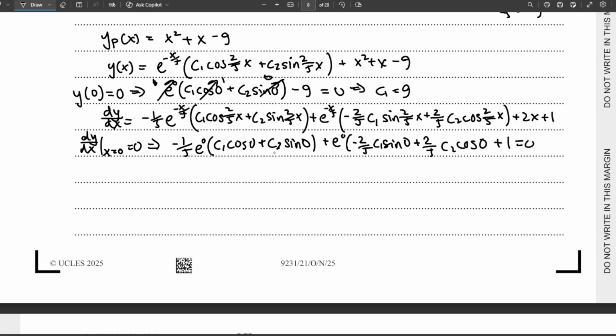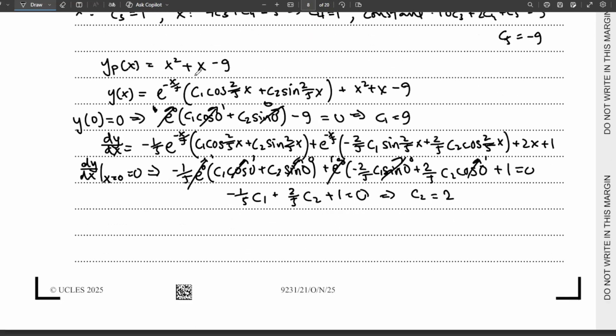And let's see where this simplifies to. e^0 is 1, sine 0 is 0, cosine 0 is 1. So all we have left is -1/5 c1 and a positive 2/5 c2 plus 1 equals to 0. Since we know c1 already, c1 we found is 9, so we can solve this c2 to be 2, I believe. And if we substitute 9, then bring it over, then yeah, 2.